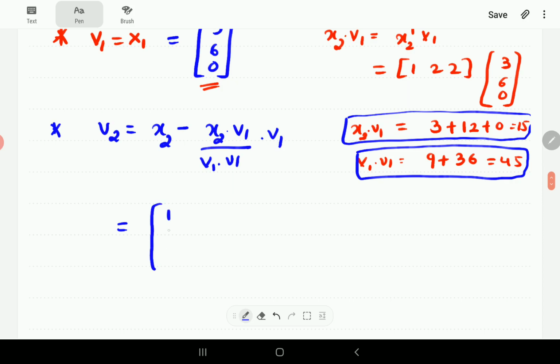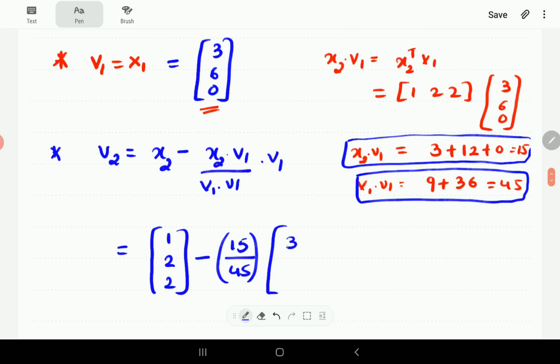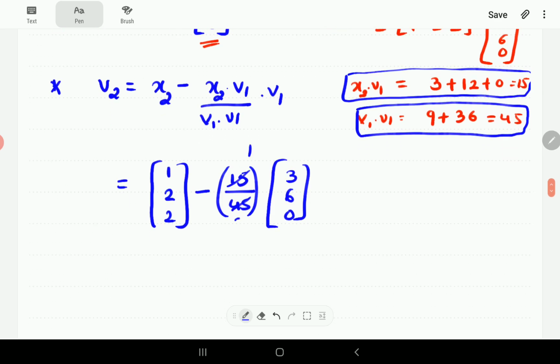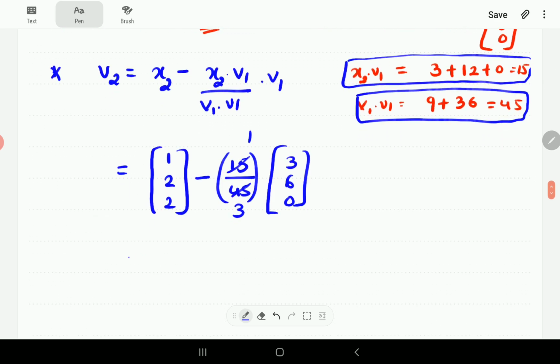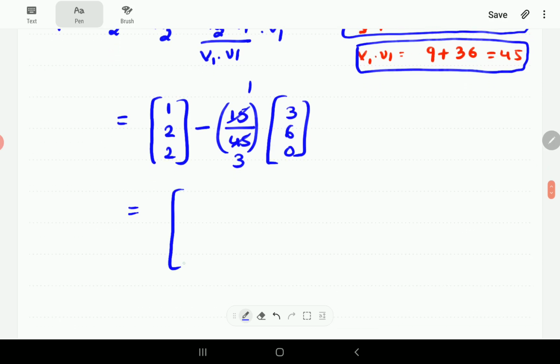This is 1, 2, 2 minus 1 over 3 times 3, 6, 0, which is 1, 2, 0.